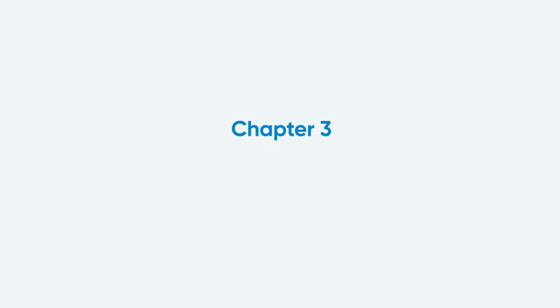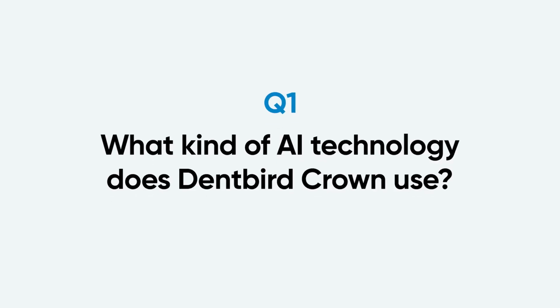Alright, moving on to the last chapter, the Q&A session. We'll go over some of the questions that were asked. Question number 1. What kind of AI technology does Dentsply Crown use? Well, the best kind. Unlike other dental AI technologies, it's based on CAD technology.